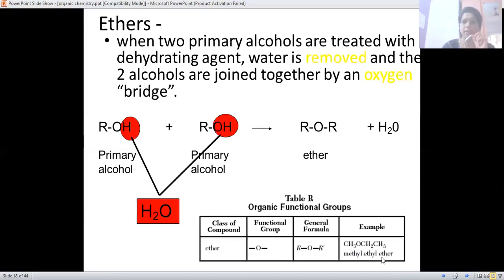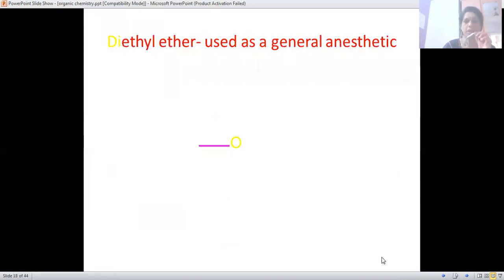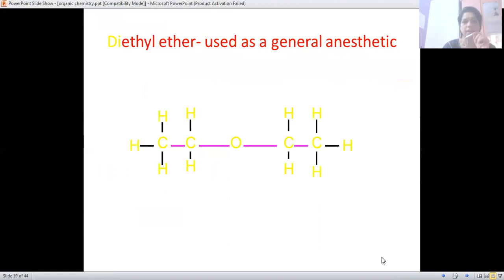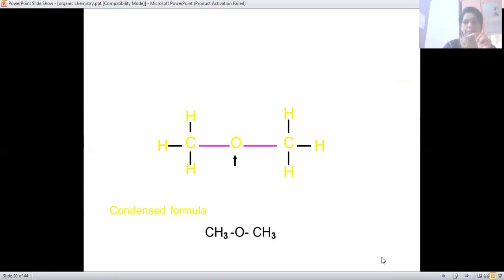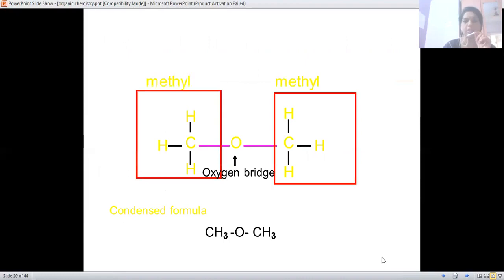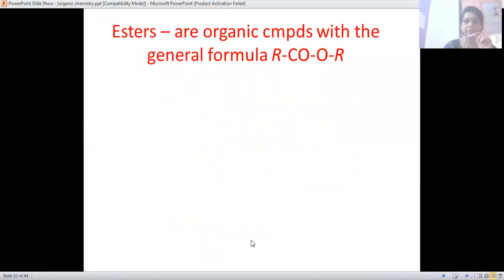So in this way, you can prepare the ether by using a primary alcohol in the general way. In this way, diethyl ether can be generated with 1 attachment of an oxygen bridge. These are the condensed formulas of the ether in this way. It's very simple.